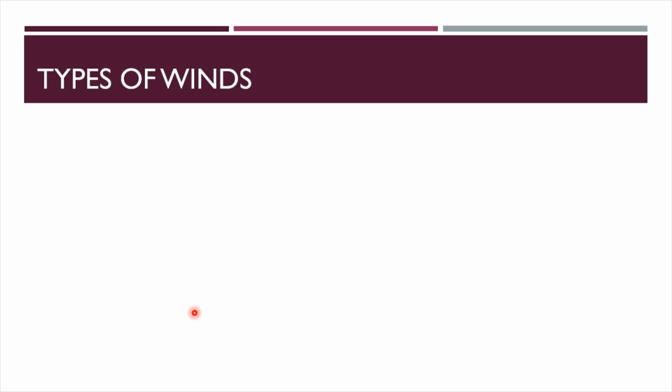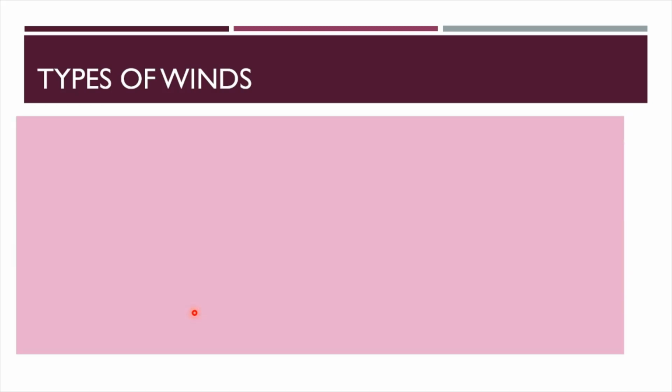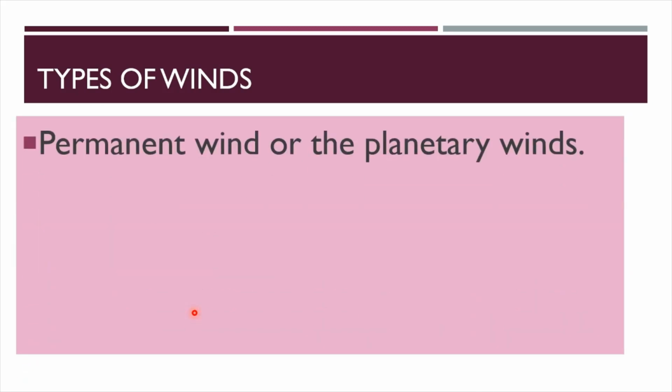What are the types of winds? First is permanent wind or the planetary winds. All types of winds we are going to discuss in detail. These are only the points: permanent winds and planetary winds. Next is periodic wind. As the name suggests, it comes periodically, that means seasonally, whereas permanent winds can be seen all the year.